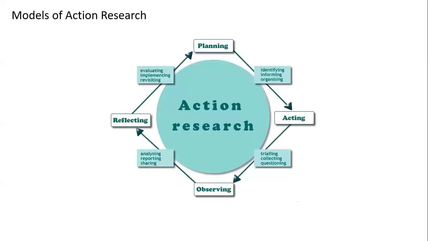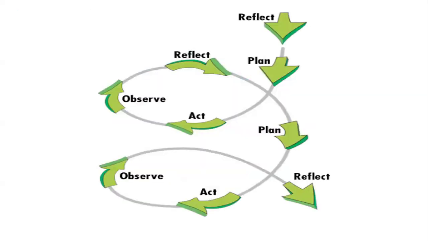So this is a model of action research. Planning, acting meaning implementing, observing, reflecting. So these are the 4 steps. After that, we can see whether it is successful. If not, we can go for another cycle. We can have even several cycles until everybody completes their education. Here, this is the spiral.